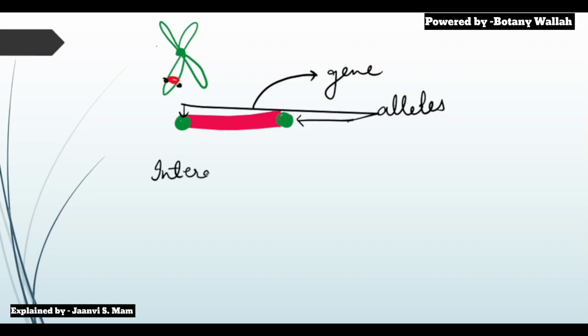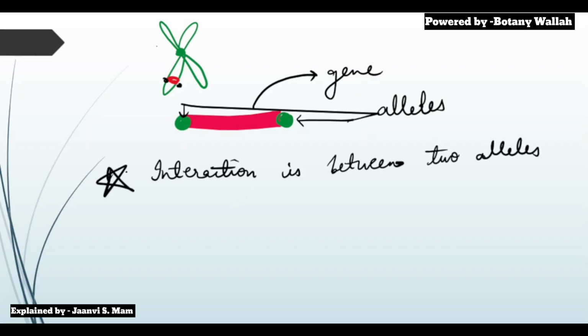So the interaction is between two alleles of the same gene. This is a very important point. You should know this: the interaction is between two alleles of the same gene.